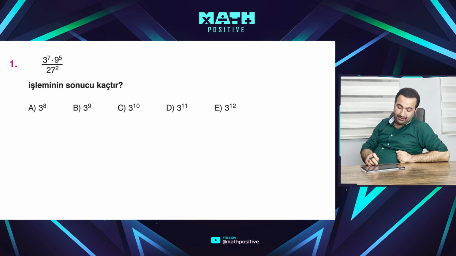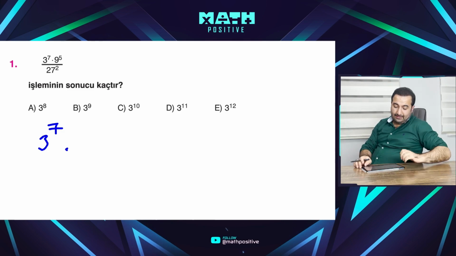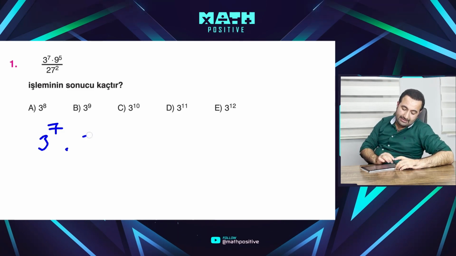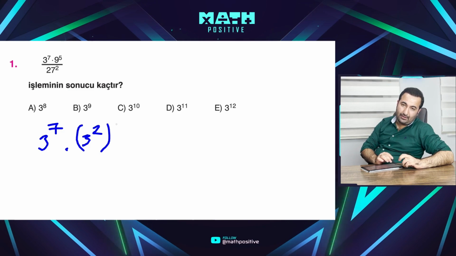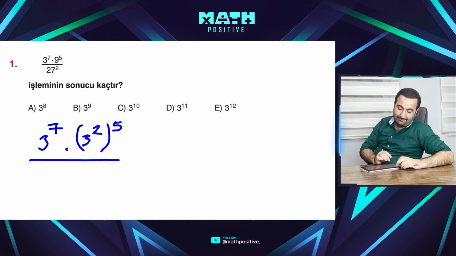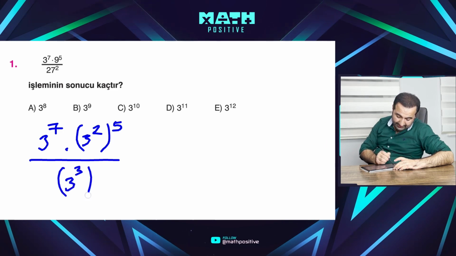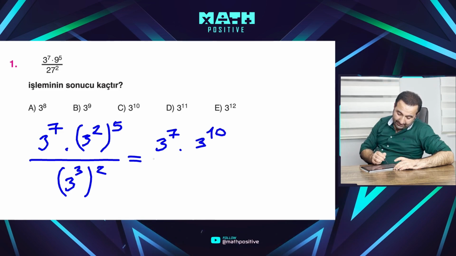For some other question, here is a nice question again. It is 3 to the power 7 times 9 to the power 5 over 27 to the power 2. Let's write 9 as 3 squared, to the power 5, and 27 is equal to 3 cubed, to the power 2.